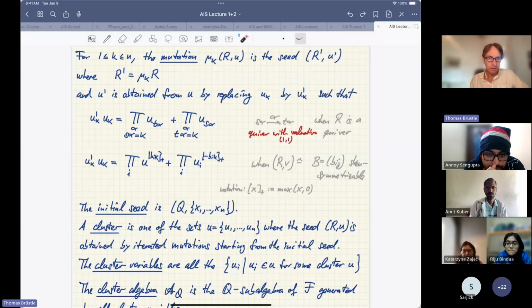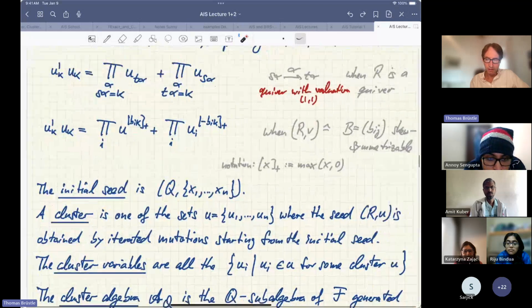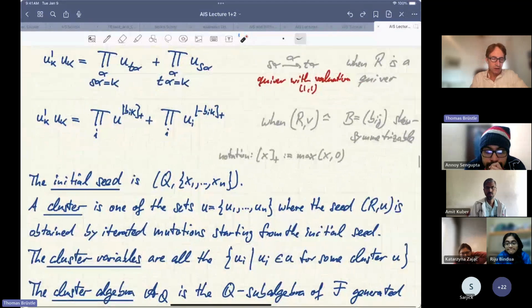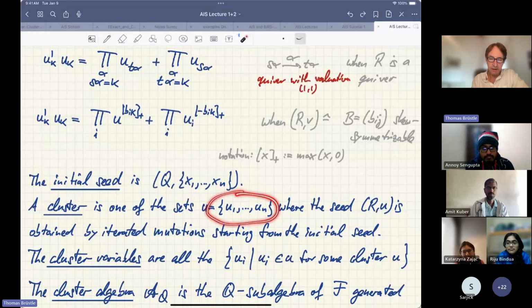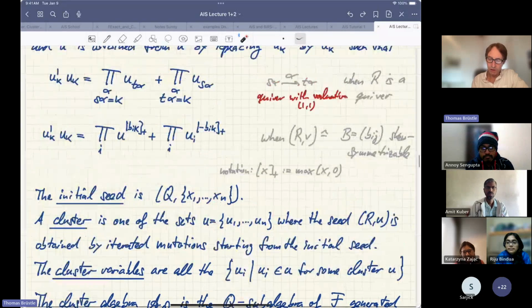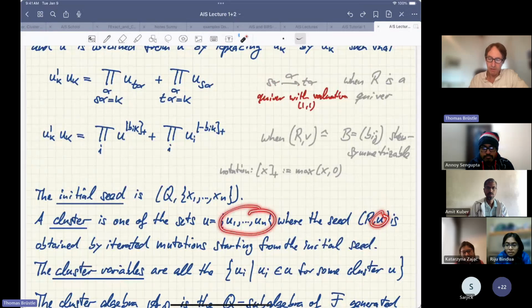And then a couple more notations. A cluster is one of these sets of variables that occur in some of the seeds in this iteration of mutations of seeds. This is called a cluster.